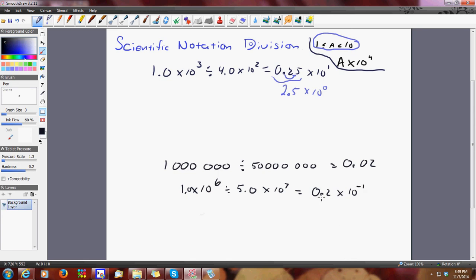But since I have to move my decimal over 1, it's going to become 2.0 times 10 to the negative 2. And that makes sense because my actual answer is 0.02, and 2.0 times 10 to the negative 2 is 0.02. So they are equivalent.